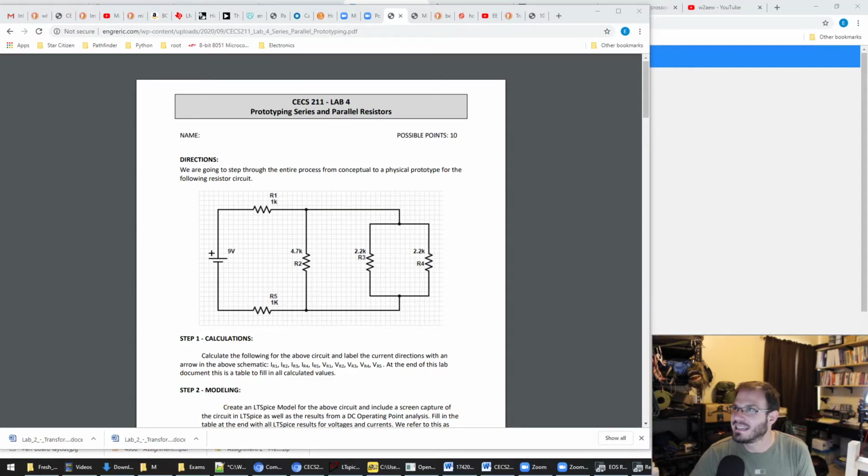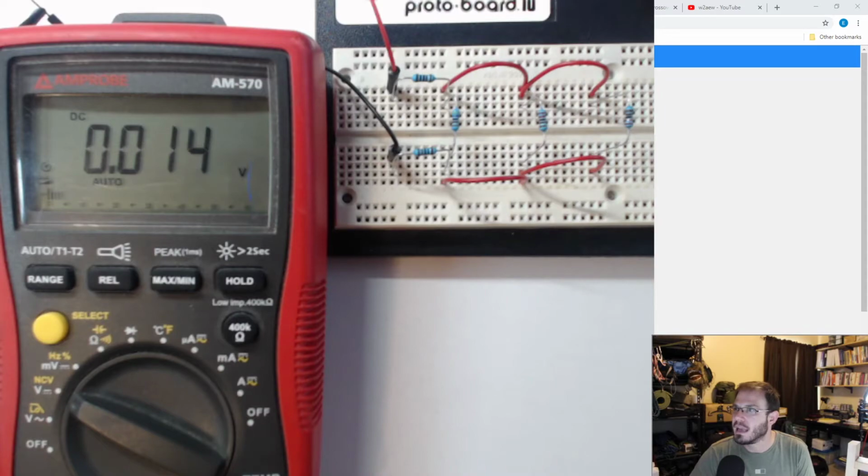One of the nice things about setting up your breadboard such that it looks just like the circuit is it is going to make it so much easier to identify which component goes where. Okay, so this is R1 up here. I'm going to go ahead and measure the voltage of R1.